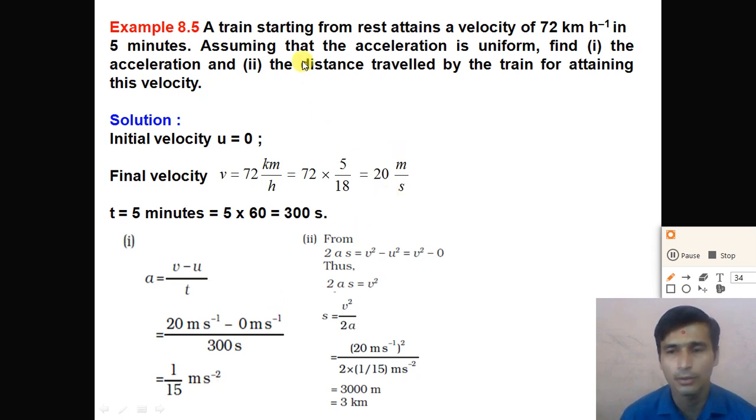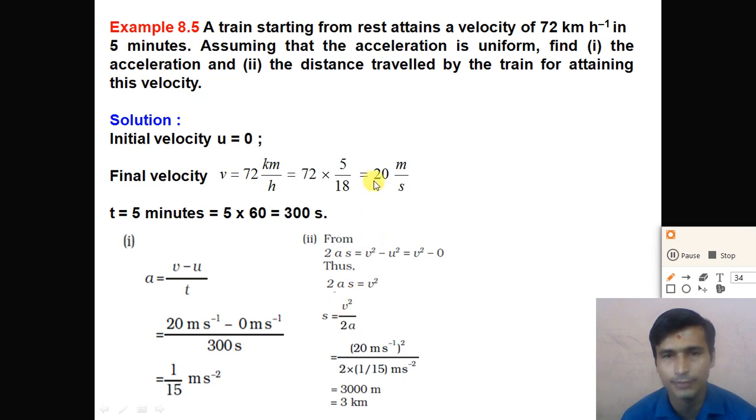Second, how can we calculate the distance traveled by the train? From the distance-velocity relation, 2as is equal to v square minus u square. Here the initial velocity u is 0, so v square minus 0, we get 2as is equal to v square. So s is equal to v square divided by 2a.